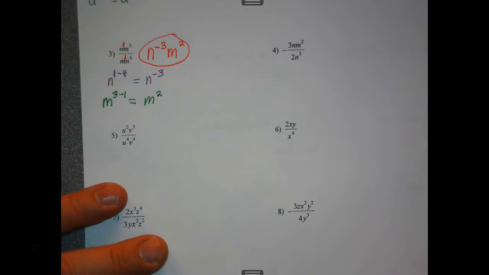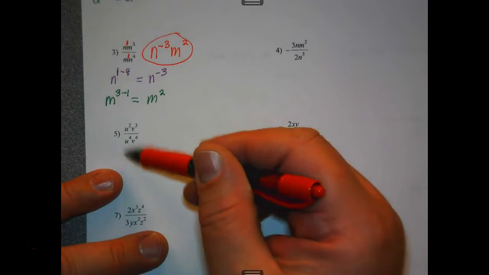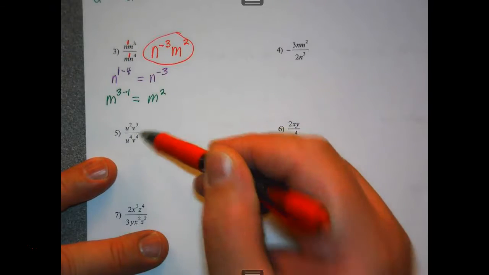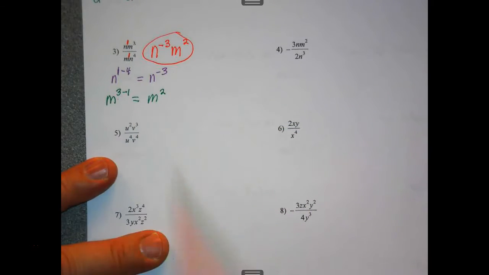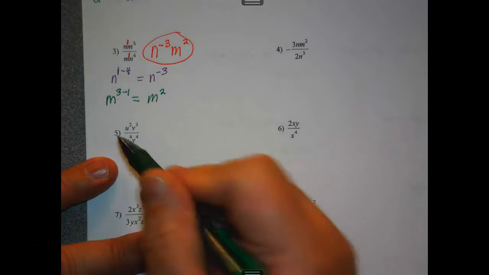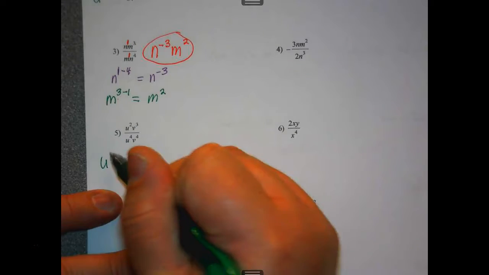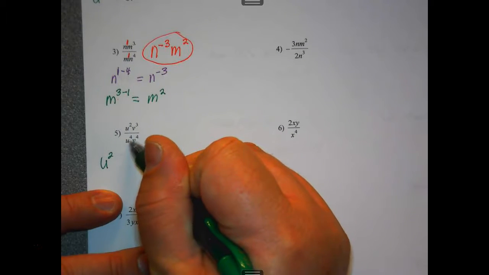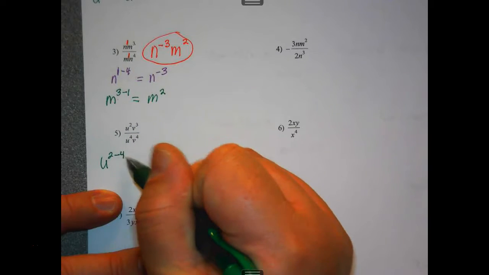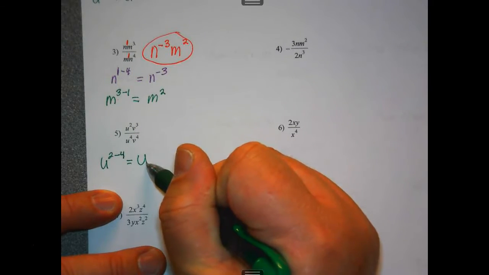Okay, number 5. Again, we have no numbers here, so I'm just going to work with the variables. I have u squared and u to the 4th on the bottom, so it's 2 minus 4, which is u to the negative 2.